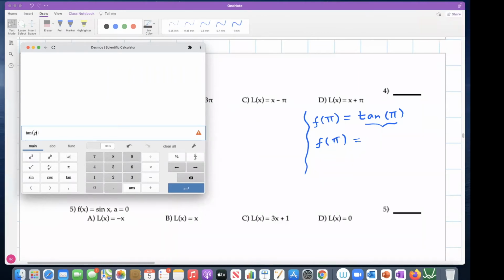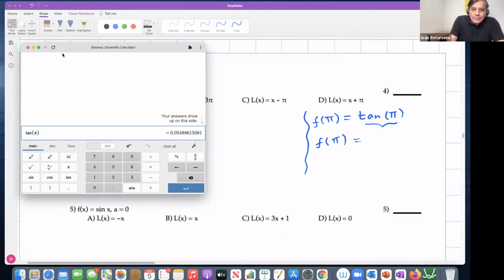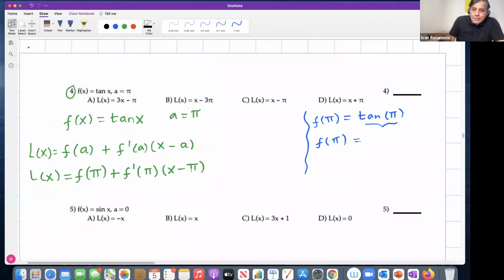It's 0, yeah, because it's sine over cosine, and sine of pi is 0. Now when you use the calculator, be careful, guys. This gives you by default the computation in degrees. But go to radians, 0, right? 0 is what we're going to write then. Excellent, so this one is done, 0.